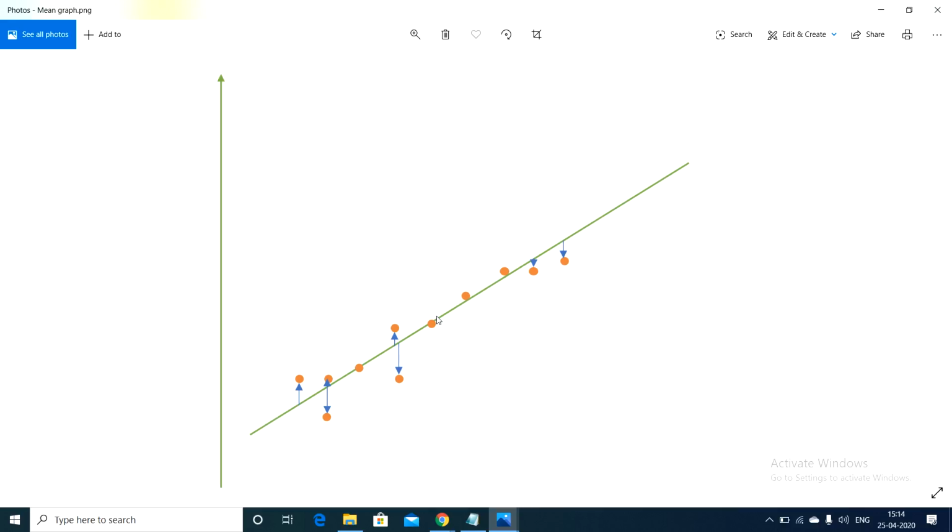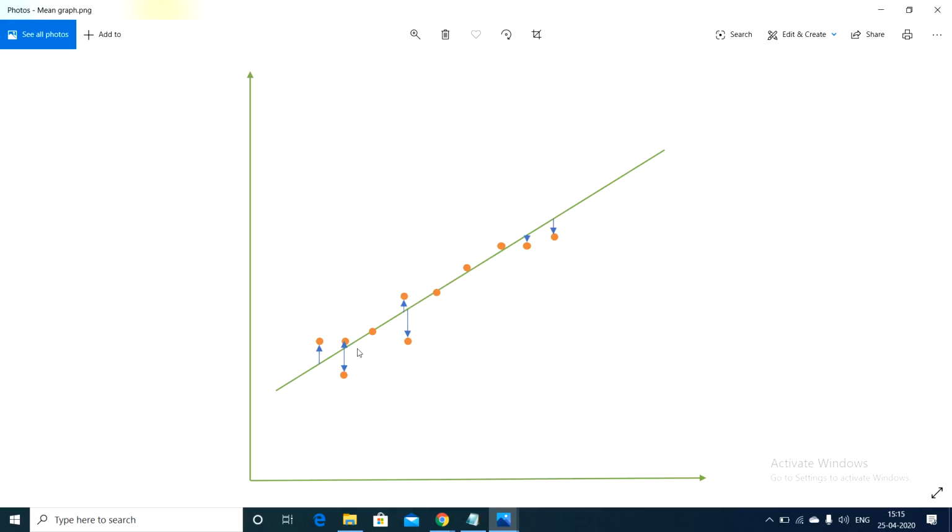Whatever we want to get, that is what this green line represents. If you want to get 0, 0. If you want to get 1, 1. This green line is the actual, and the points we have represent the predicted values.